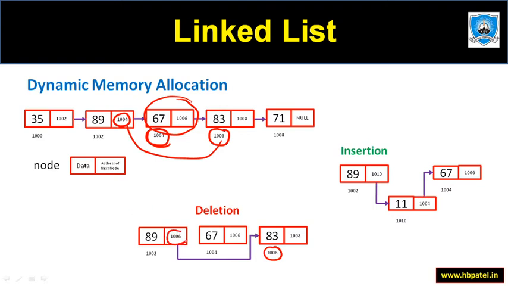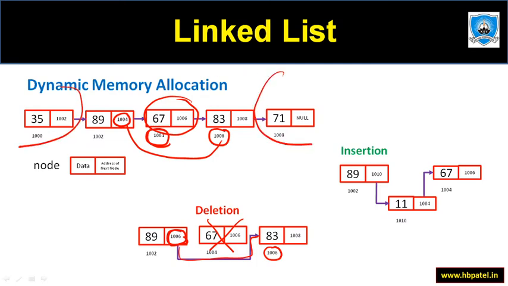The moment you put 1006 over here, this is now pointing to this one, and this node is no more part of the linked list. Later on you can always free the memory. We will see that in a later part. So this is the simplest thing. In deletion also, you do not need to touch this one, you do not need to touch this one.